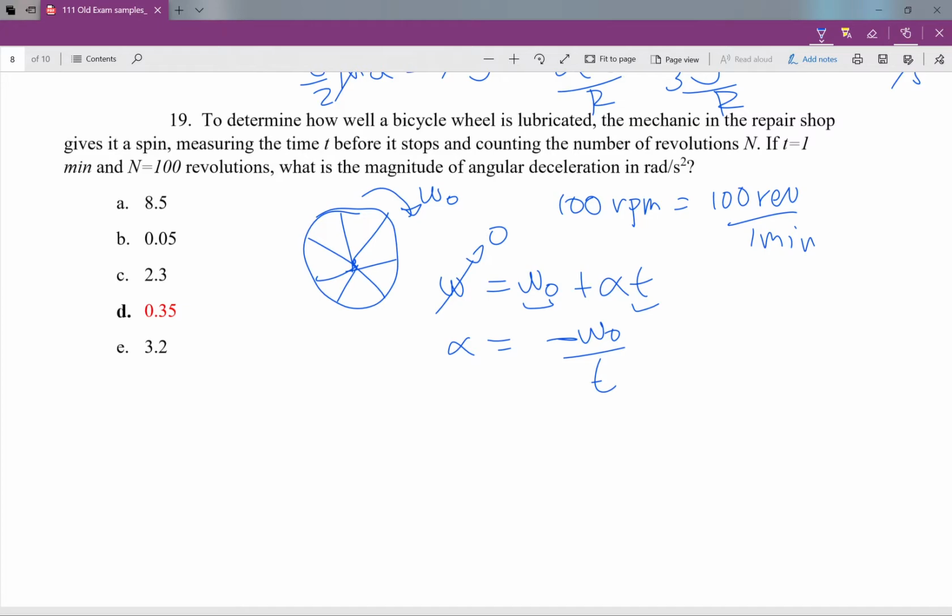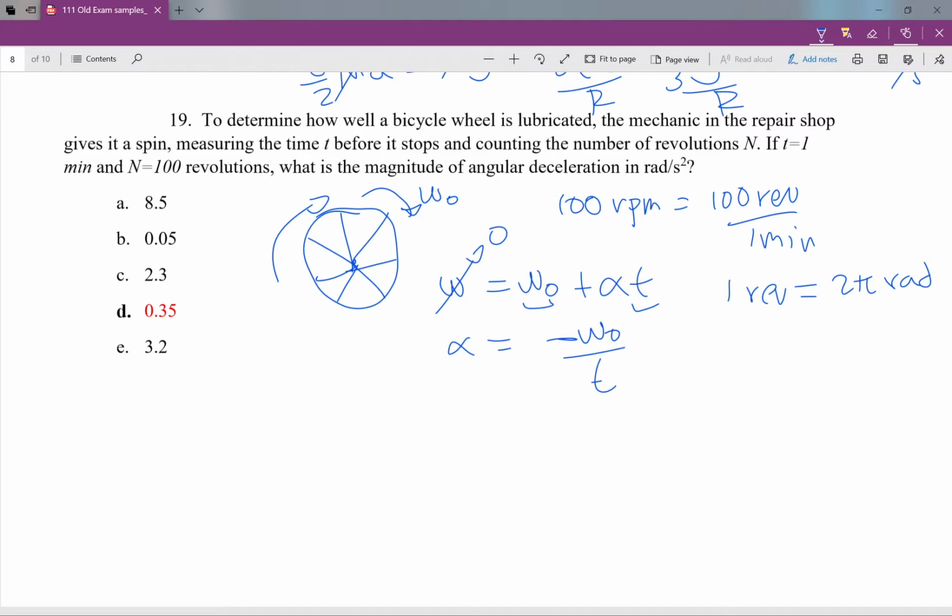Let's see. We know that 1 revolution equals 2 pi radians. So it takes 2 pi radians to make 1 revolution, to go around once, or 360 degrees. It's the same.